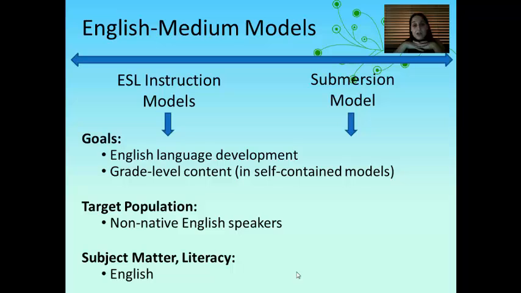Now I'll tell you that this model is not very common anymore, especially in a place like South Florida, where we have so many English language learners that it doesn't really make sense to try and combine them into one or a couple of classrooms and separate them from the other students.